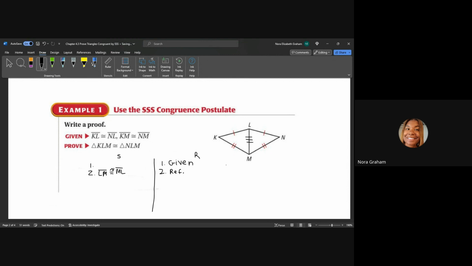And just put property. That's going to come up a lot in chapter 4, and we're going to use it in a lot of these proofs that we're doing to show triangle congruency.